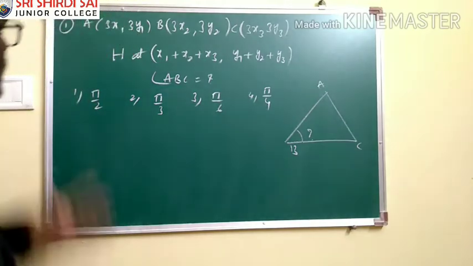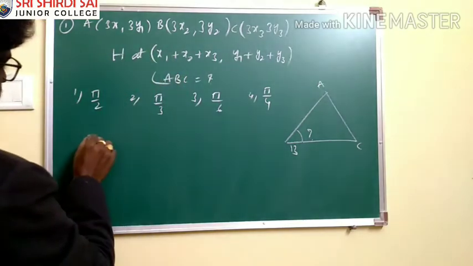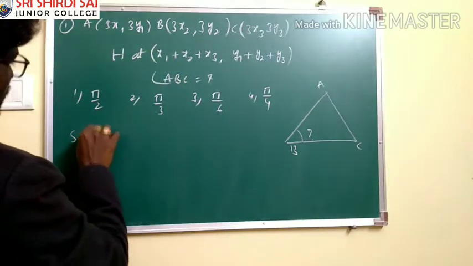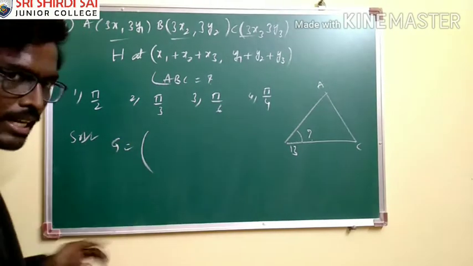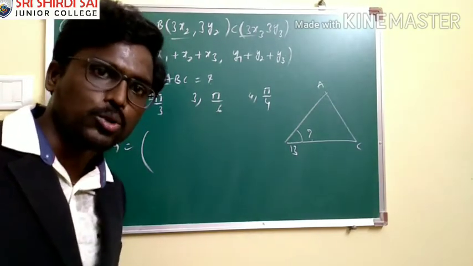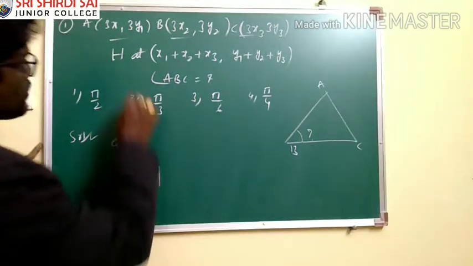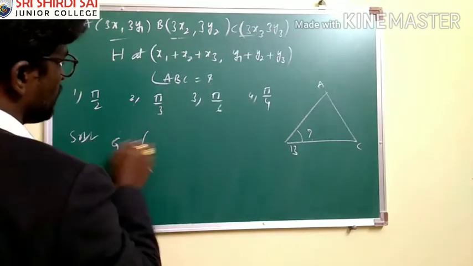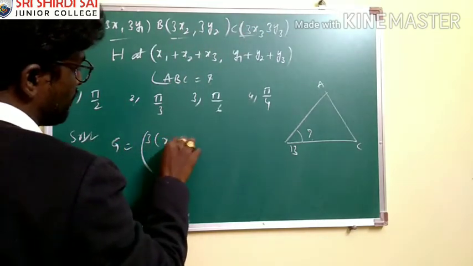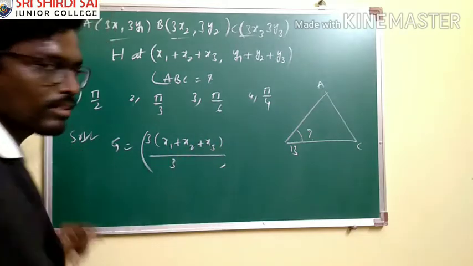See here, for the given coordinates, if I take the centroid, what is the centroid of the triangle ABC? Sum of the x coordinates by 3 and sum of the y coordinates by 3. So what is the sum of the x coordinates? 3x1 plus 3x2 plus 3x3 by 3. 3 is a common factor, so x1 plus x2 plus x3 by 3.